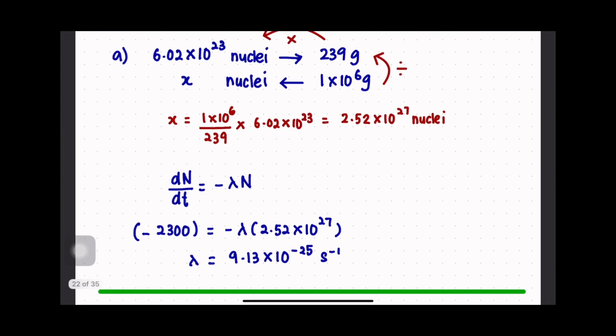So substitute in this formula and dN per dt is 2300. Saya gantikan dengan negatif sebab saya dapatkan decay constant tu positif. Okay, maksud dia ada pengurangan di situ. Pengurangan maksudnya negatif, maksudnya dN per dt tu ada reducing kan. So decay constant saya dapat positif, which is 9.13 times 10 to the power of negative 25 per second.